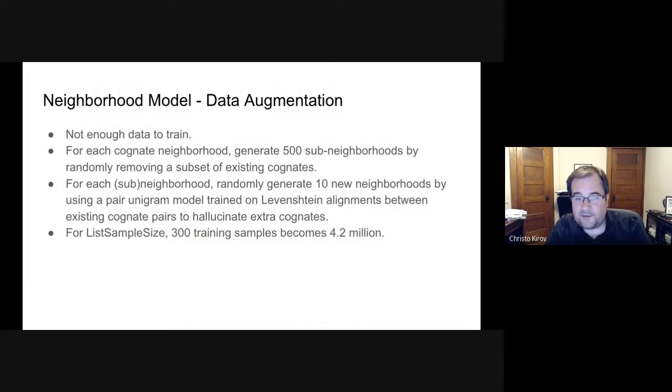Second, we created additional neighborhood data by hallucinating new cognates. This was done using a simple unigram pair model. So we counted the IPA symbol correspondences between Levenshtein-aligned pairs of cognates and their neighbors, and we sampled from that distribution of alignments to produce new words.